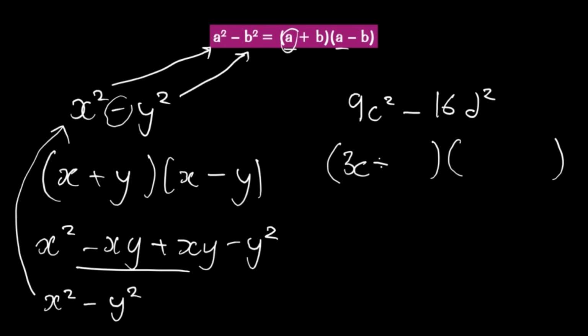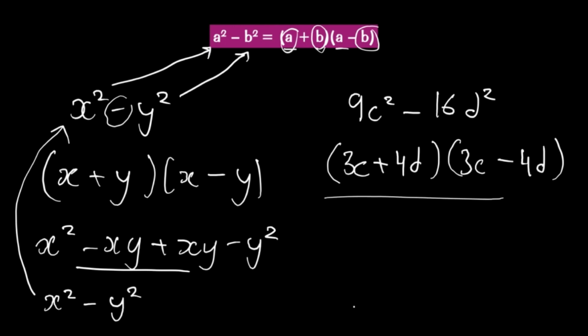Then you put 3c and 3c, put your signs down, and then for b squared, in this case it's 16d squared. The square root of 16d squared, in order to get the b's, is 4d. So you put the 4d in its position, and there you go. No extra steps needed, it's just straightforward.